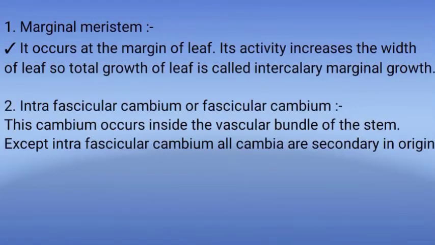Its activity increases the width of leaf, so total growth of leaf is called intercalary marginal growth. Number 2, interfascicular cambium or fascicular cambium. This cambium occurs inside the vascular bundle of the stem. Except intervascular cambium, all cambia are secondary in origin.